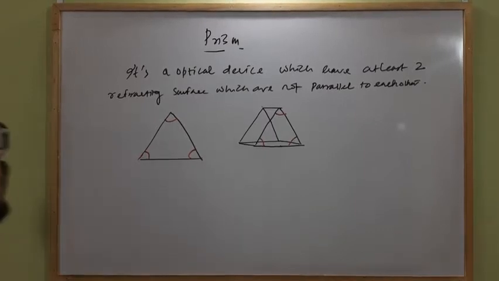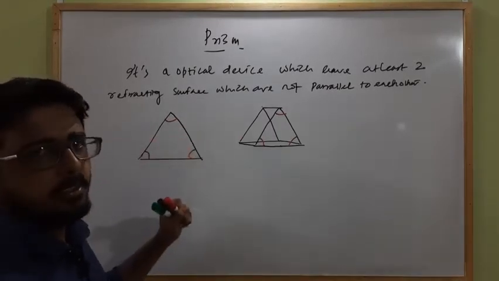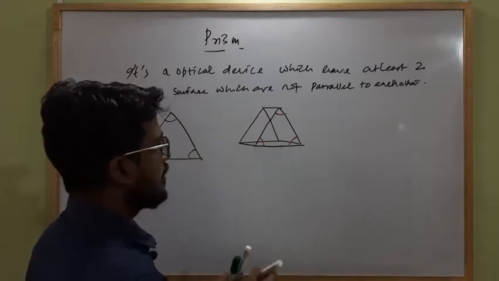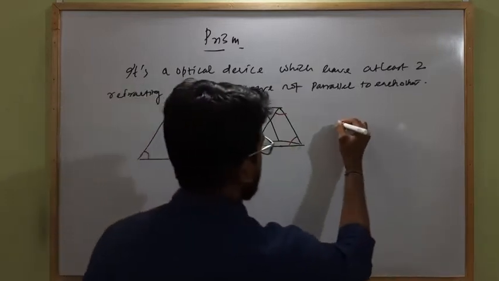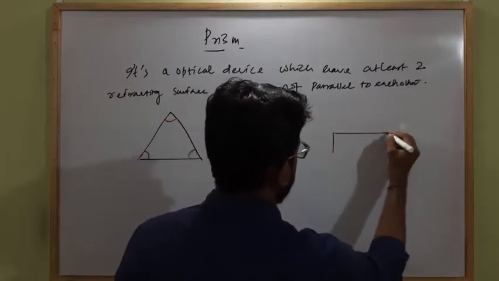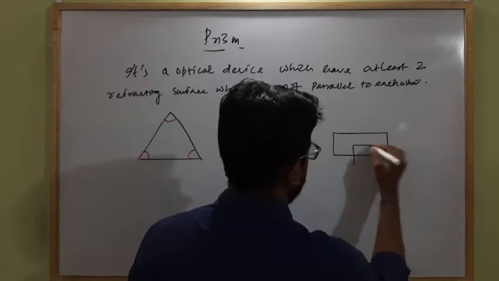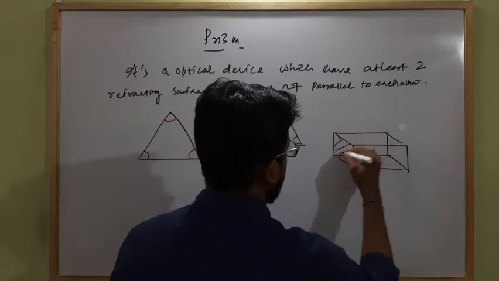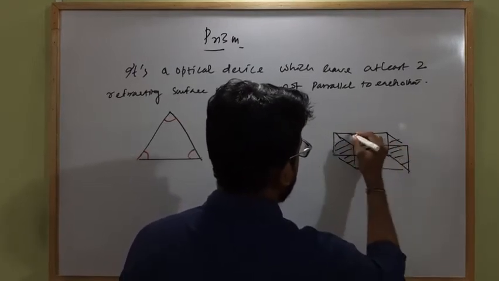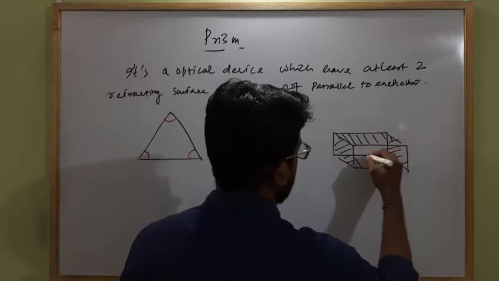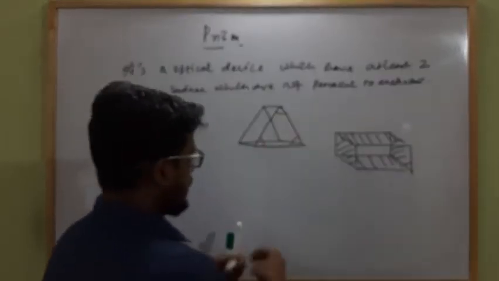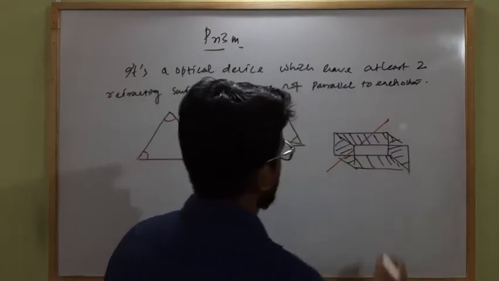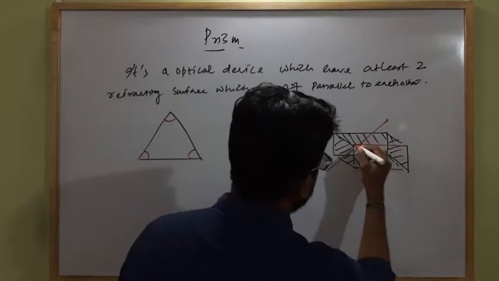So any device or any substance which has two inclined planes can behave as a prism. So a slab, if this is a glass slab, these two faces are parallel and these two faces are parallel, but if light travels from this face to this face along this direction, these two faces are inclined surfaces.